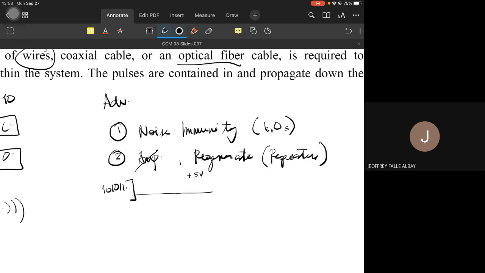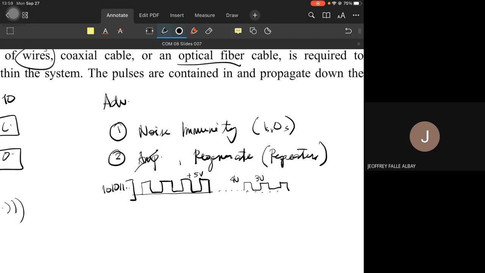But if it is a long line, whether metallic transmission media or fiber optic, it may drop down in voltage level, like 4 volts or 3 volts, whatever. But clearly it is still defined what is a 1 and what is a 0.